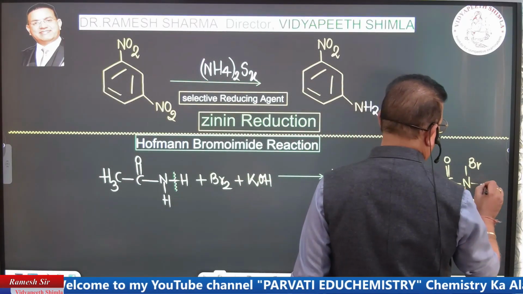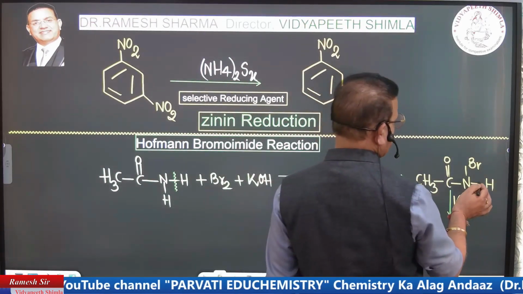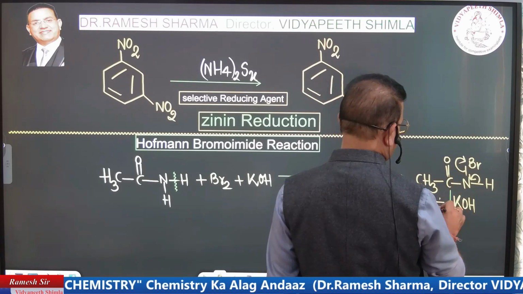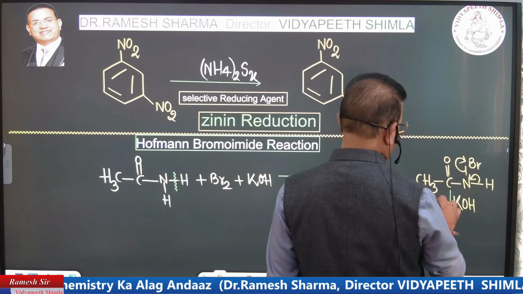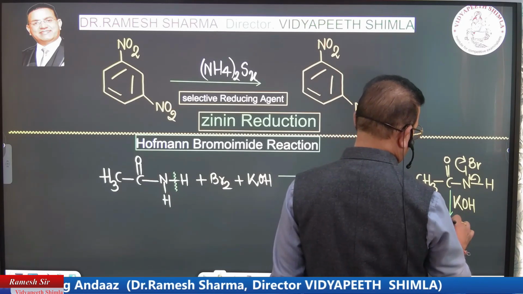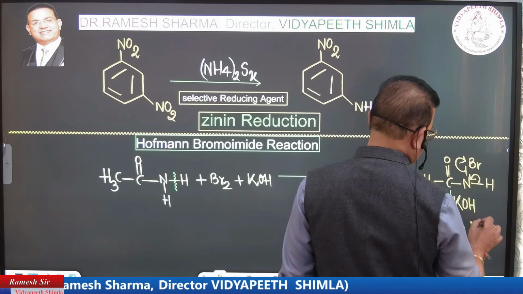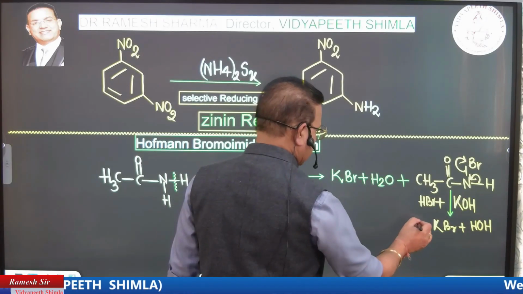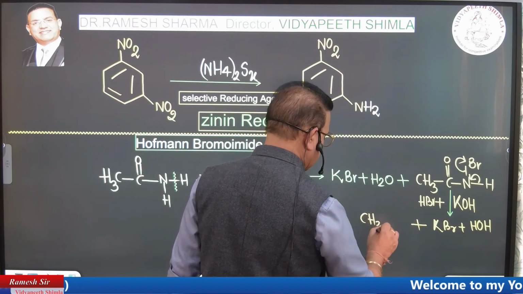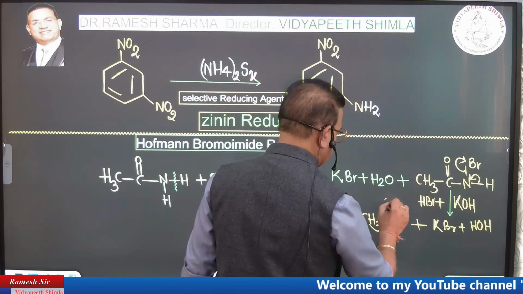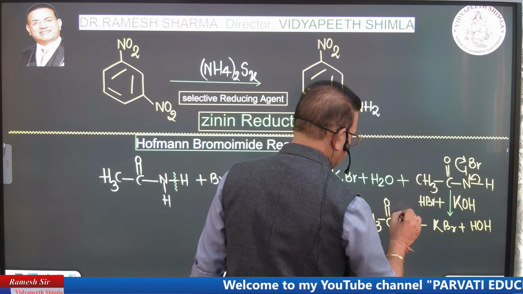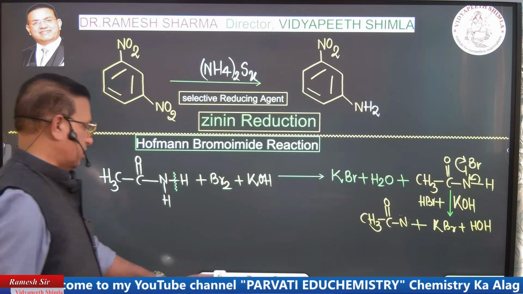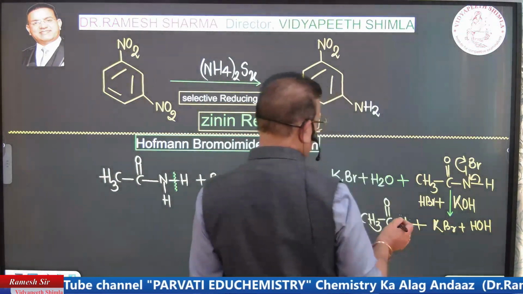And that HBr जैसे ही वो बाहर निकलेगा, that comes in contact with KOH forming KBr plus water plus here we will be getting CH3CON. There is neither loss nor profit. This is called the neutral intermediate carbene.